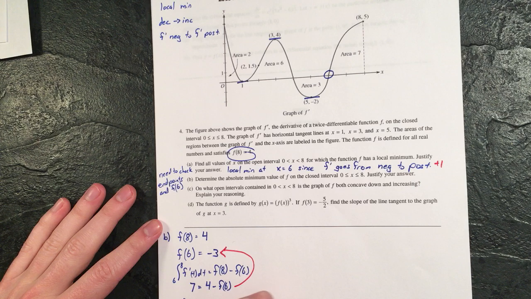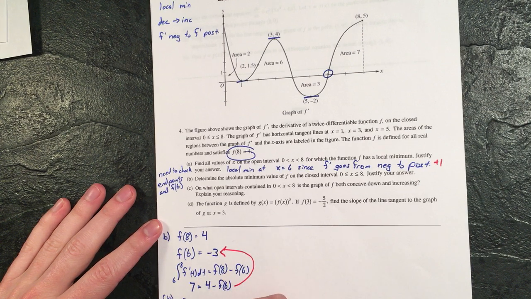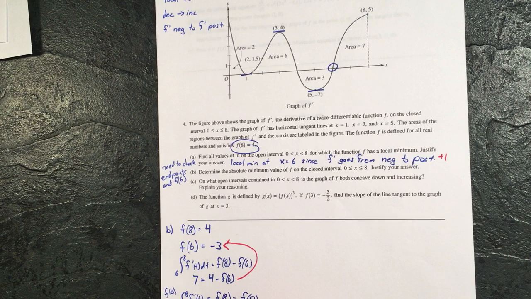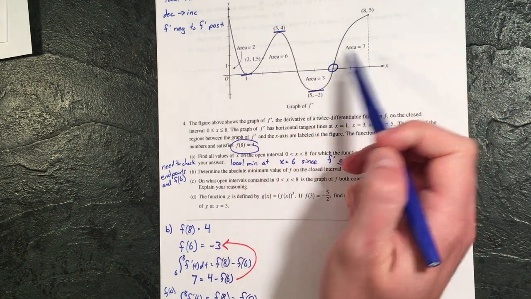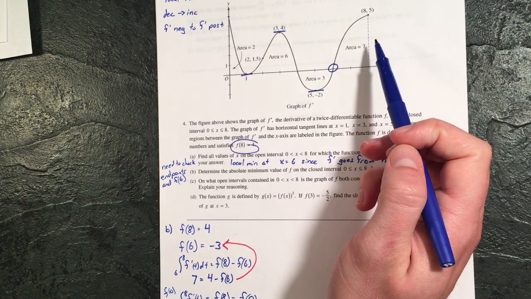So we can think, right, because I want to check f of 0. And this is going to be f of 8 minus f of 0. And we know f of 8 is 4. But now, knowing that big interval here, that may be a little bit more challenging. So we have to think, well, what are the areas we have here? We have 2, 6, 3, 7. So we can just add all those up, right?